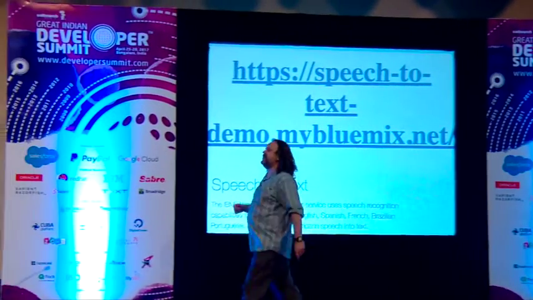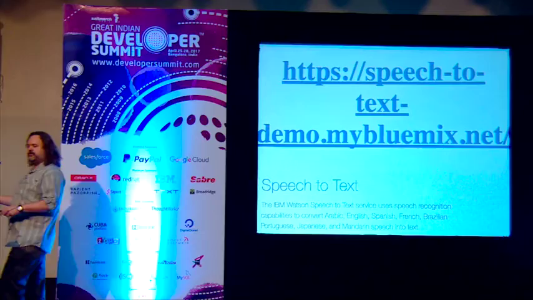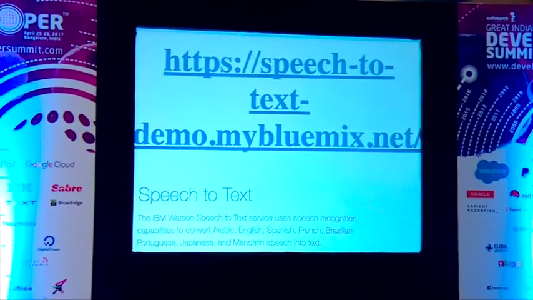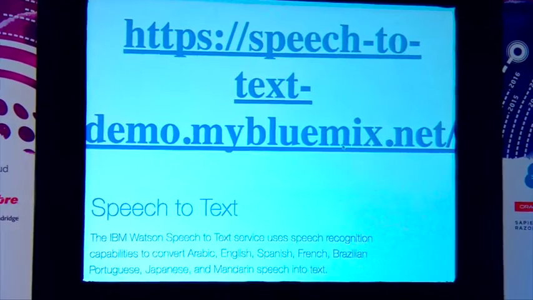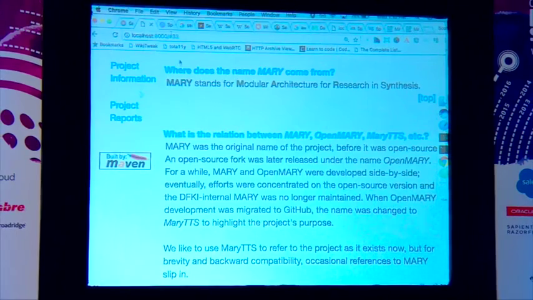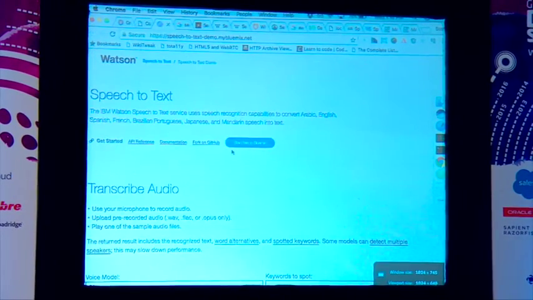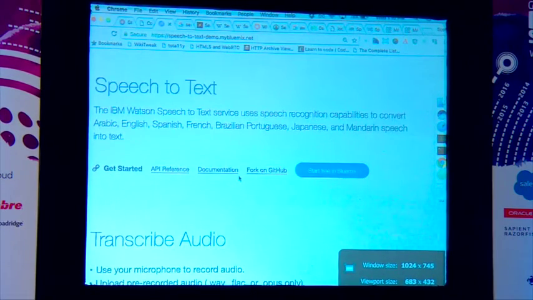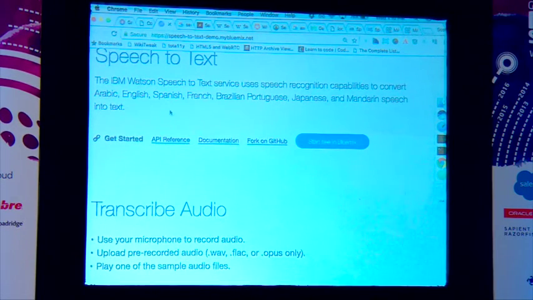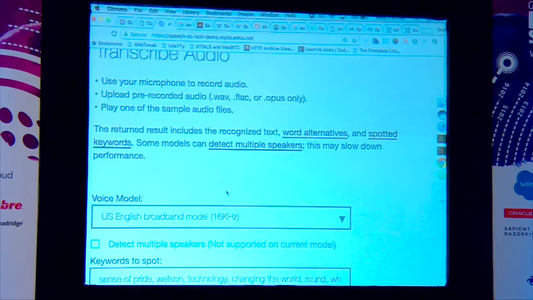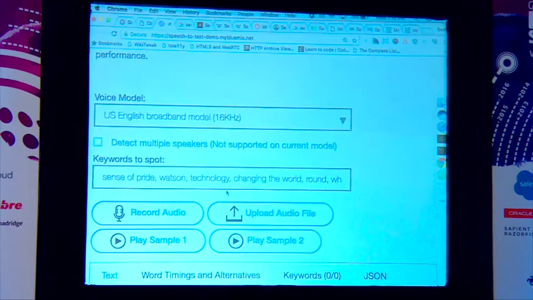That'll get us to where we need to go. This is their online demo, and this isn't any code at all I have locally. I am actually pulling this all from across the wire. So this is giving you an idea of the various languages it recognizes. But here is the transcribe that you can deal with.